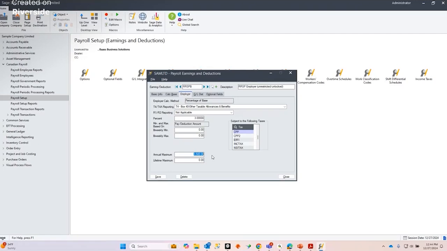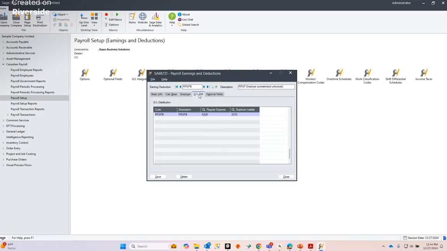And because it is an unrestricted, unlocked RRSP, we have all applicable taxes. And in my sample here, I have several provinces that I have employees in. So I've included all my taxes that are provincial, as well as my federal, and then my QPP, CPP and EI. And then your GL distribution code.